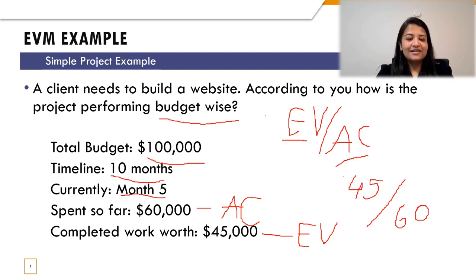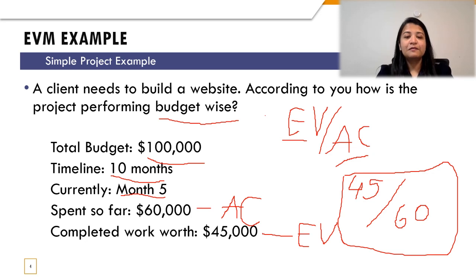If I see a scenario like this, wherein the denominator is bigger than the numerator, the CPI is simply going to be less than 1. That means the project is going over budget, or people are spending more money in comparison to what was planned before. That's where the project is performing poorly and needs attention from the cost or budgeting perspective.